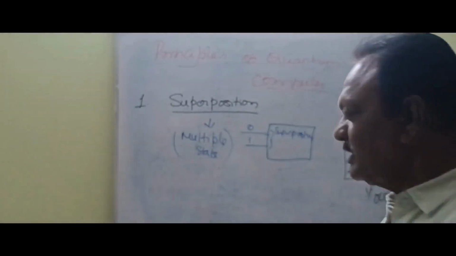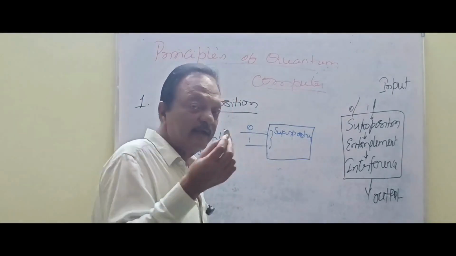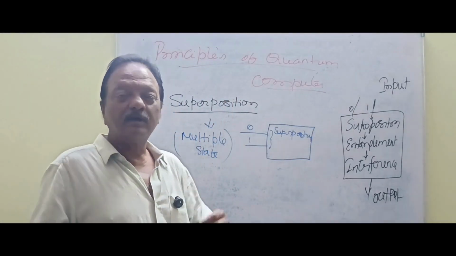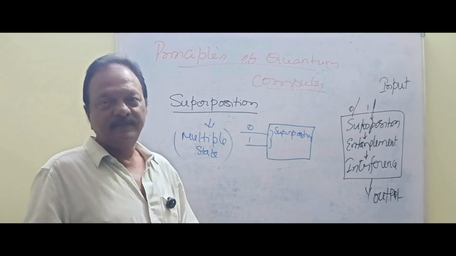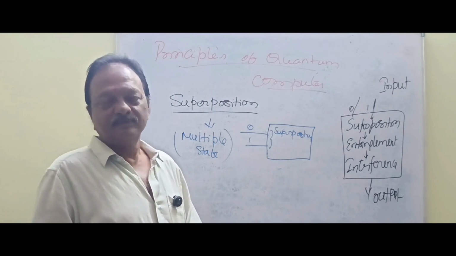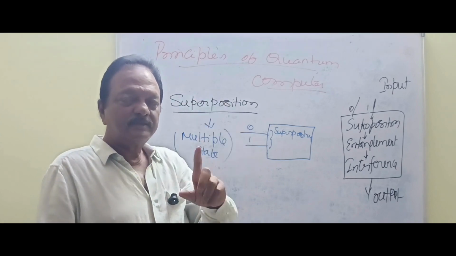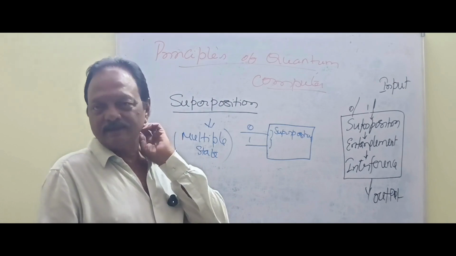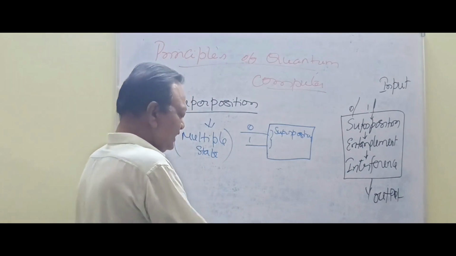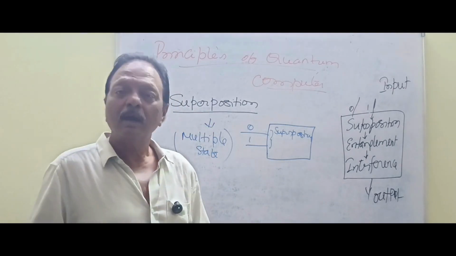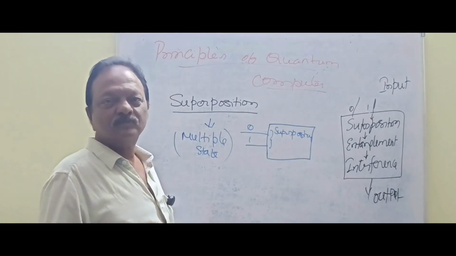You can't say that this coin is particularly in head state or particularly in tail state. It rotates. Rotating means the coin is not in a particular state. Understood? So that is what you call superposition. Hope you understood.